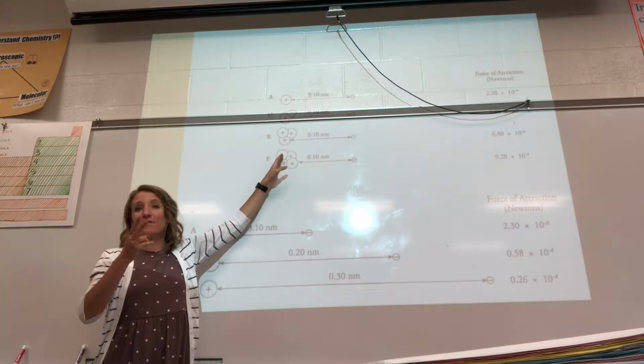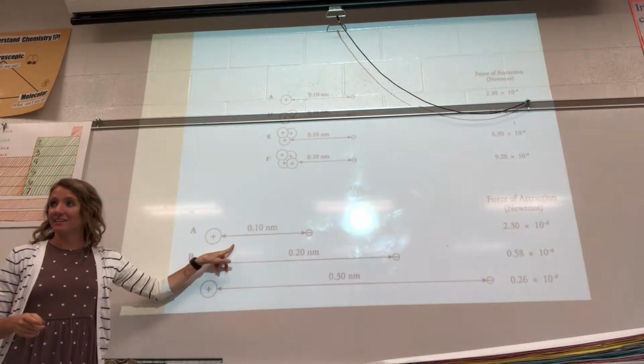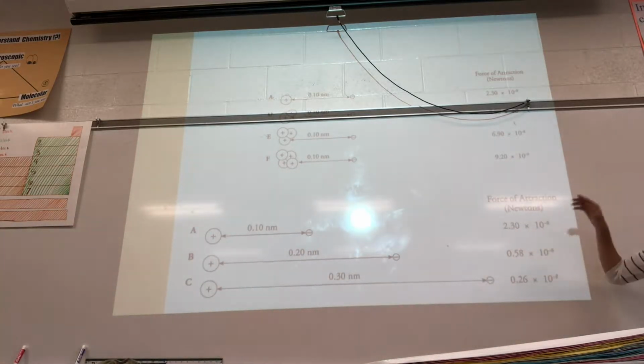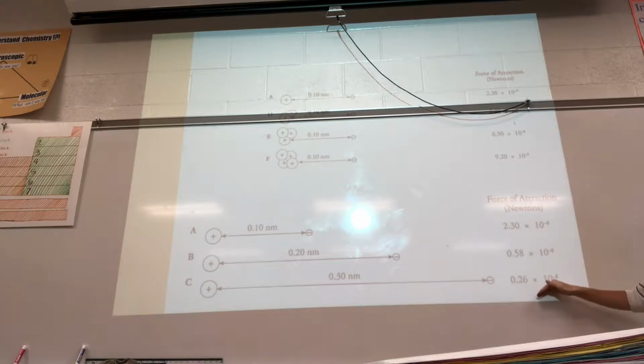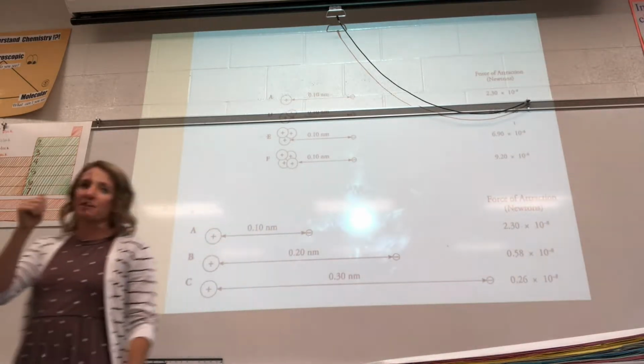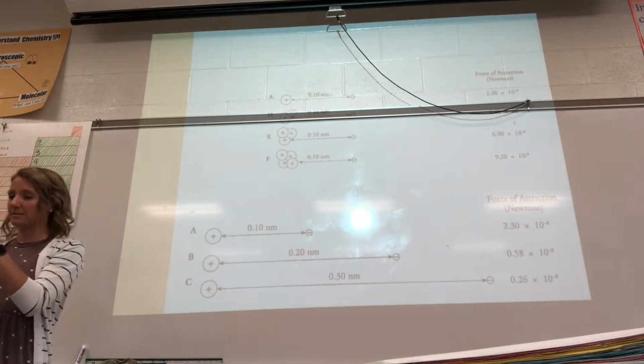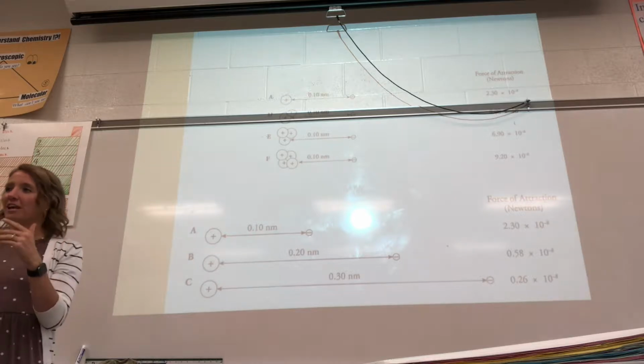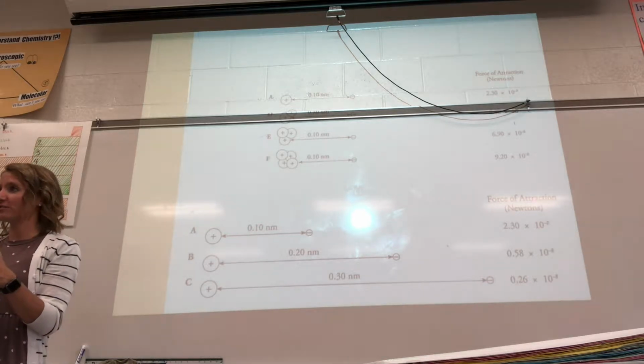Second thing that also affects it, though, is distance. The farther away something is, the less attraction it has. Okay? So 2 big things today to pay attention to are charge and distance. If something is changing, one of those 2 things have changed.